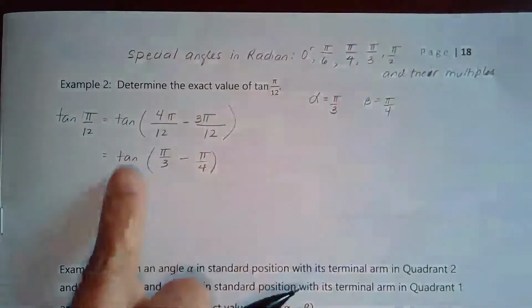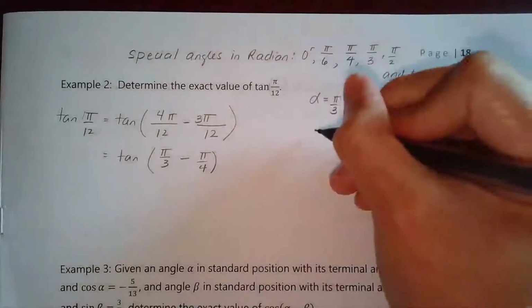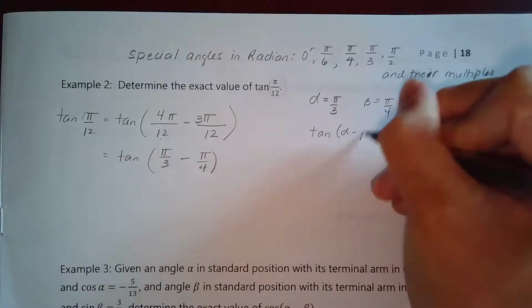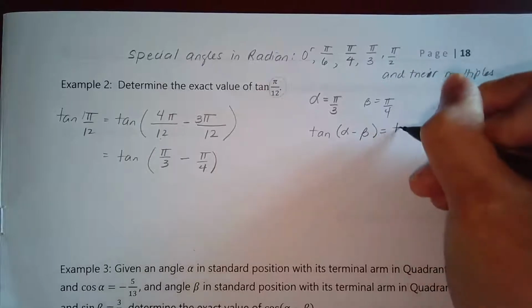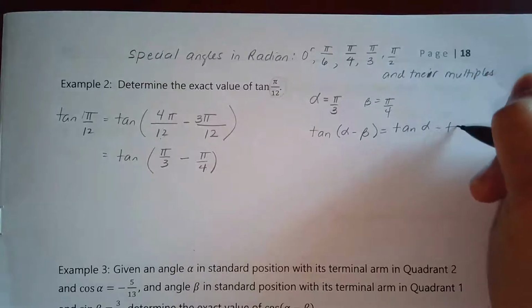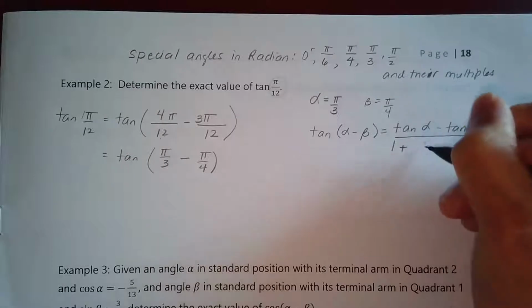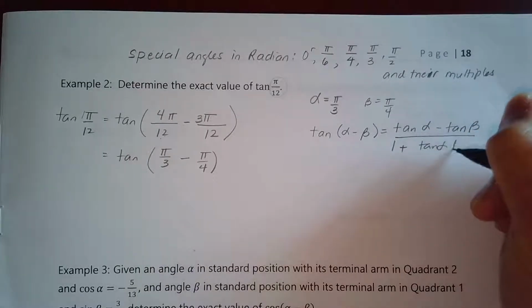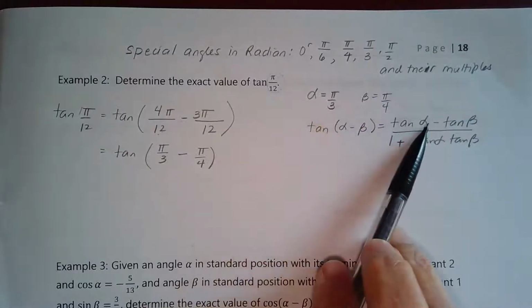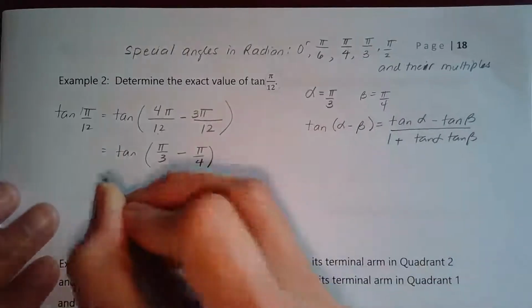Because we're using the difference of angles with the tan function, tan of alpha minus beta is equal to tan alpha minus tan beta divided by 1 plus tan alpha tan beta. So we're just going to substitute these values in there. Okay, so let's do that.